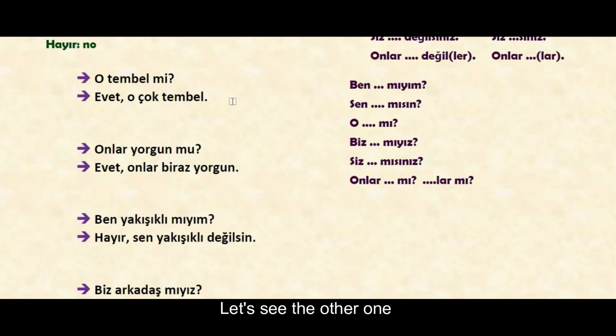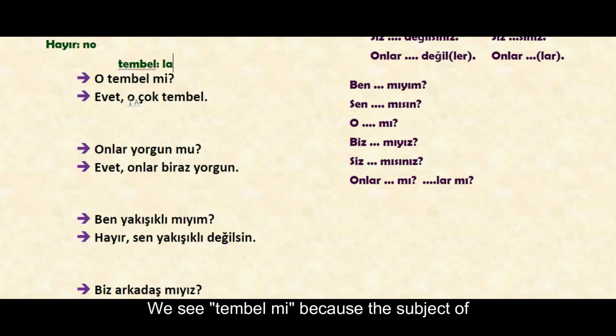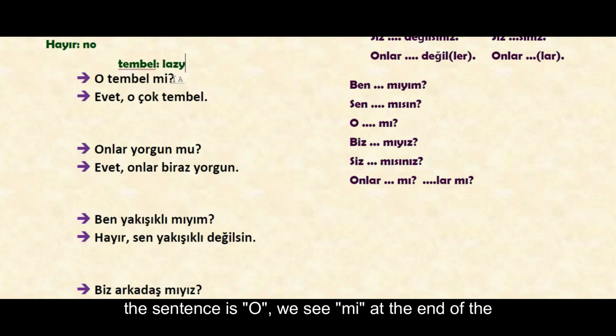Let's see the other one. O tembel mi? Evet, o çok tembel. So, o is he, she, or it can be. And tembel means lazy. So, we see tembel mi, because the subject of the sentence is o.